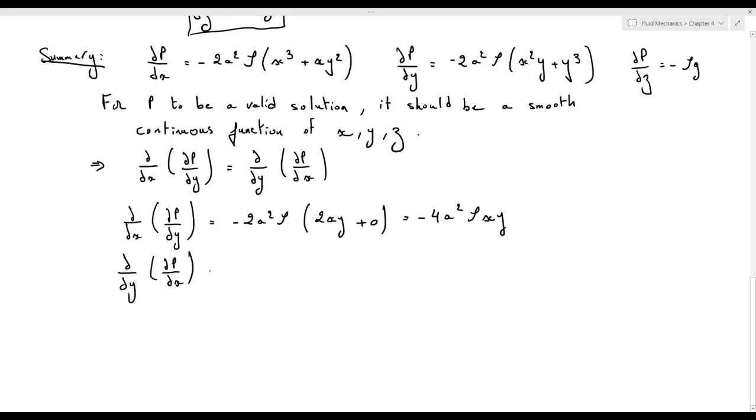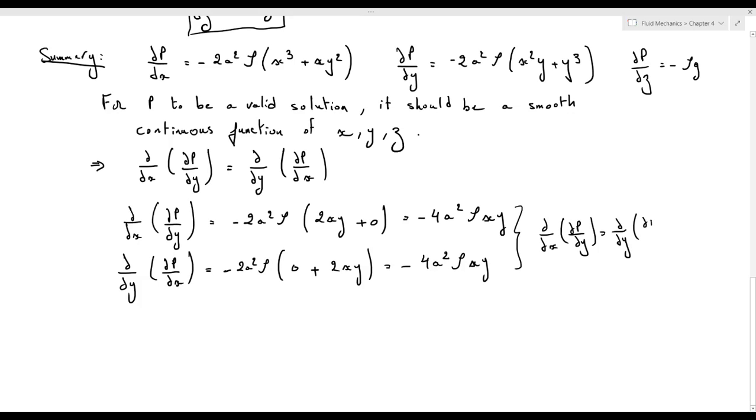Now we differentiate with respect to y del p over del x, so we look at del p over del x, which is equal to minus 2a square rho into x cube plus xy square, and we compute the differentiation with respect to y. So this will be equal to also minus 4a square rho xy. So as you can see, the order of differentiation doesn't matter.